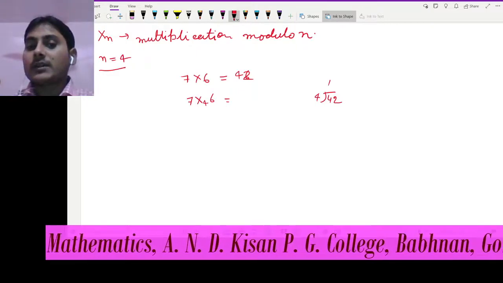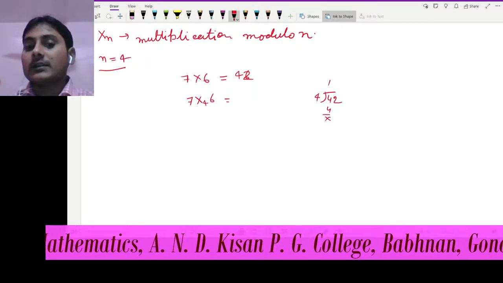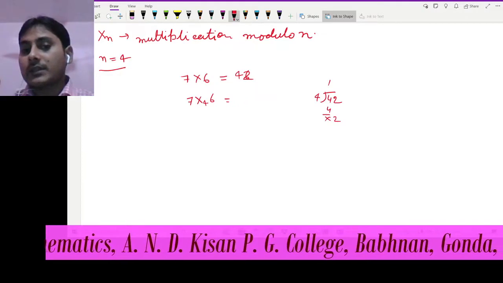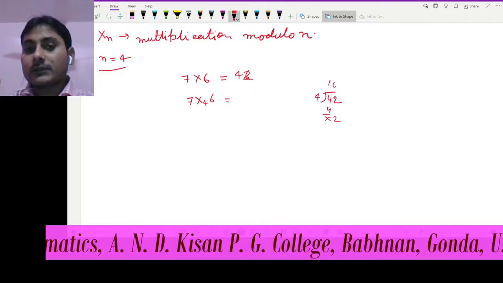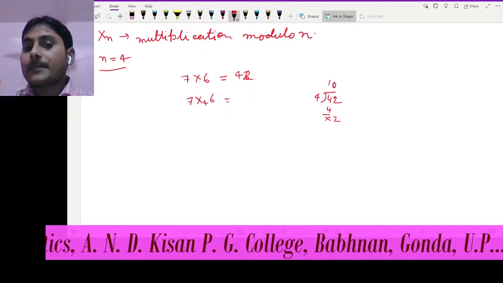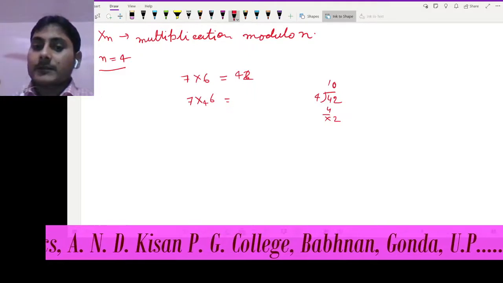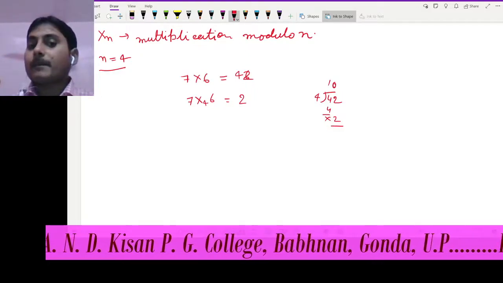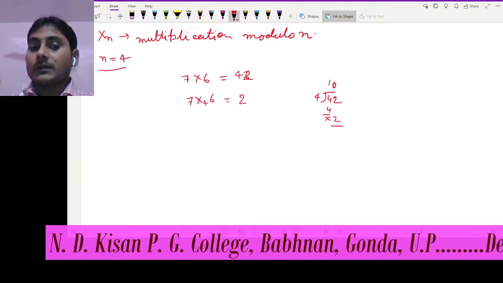So 4 tens are 40, and you will get remainder 2.